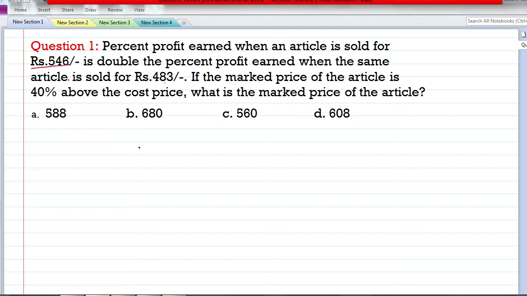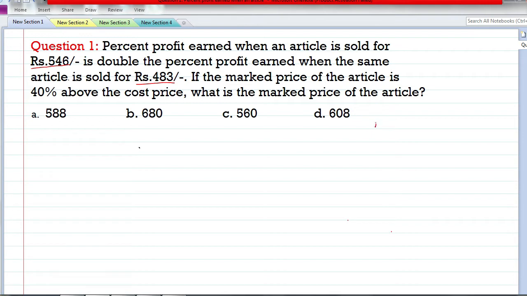One selling price is 546, the other selling price is 483. They have given that the profit percentage earned by selling the article for 546 is double the profit percentage earned by selling it for 483. Let me give you a rough example.